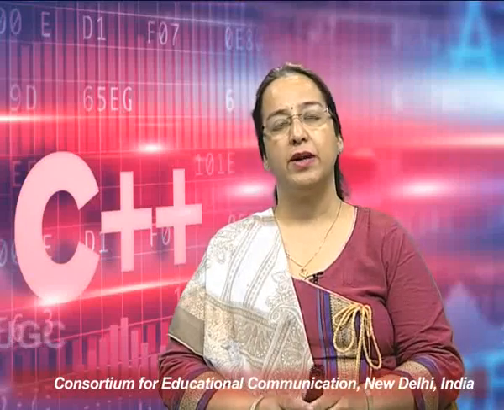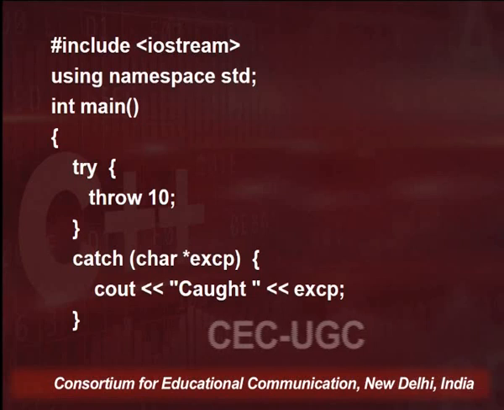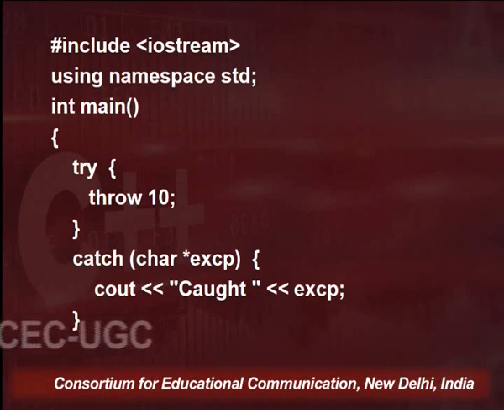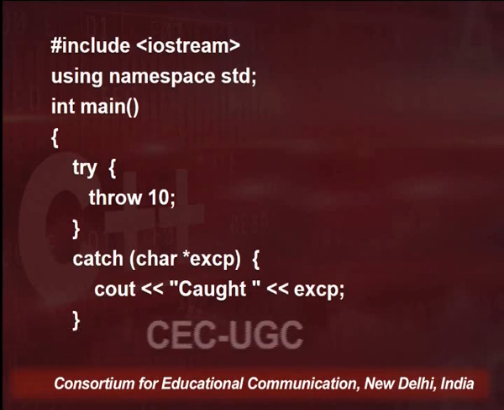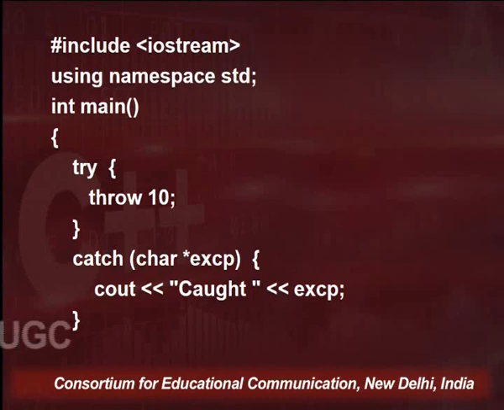Here you can see we have integer main, and within the try we have written throw 10. Now one catch statement is there for character strings. 10 is obviously not a character string, so it is not going to match with this first catch.